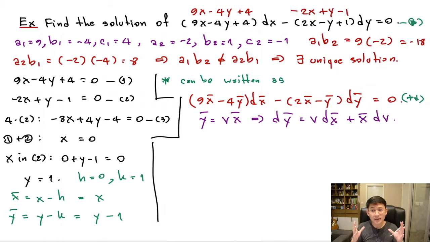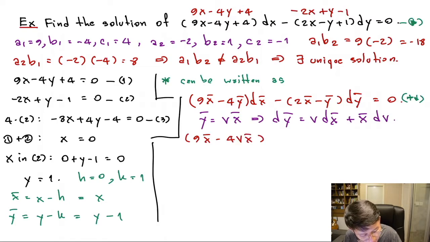Clear? And then what's next? You just do the substitution, right? And we know that it's going to be separable. Okay, so here we have 9x bar minus 4v x bar dx bar, because y bar is v x bar.